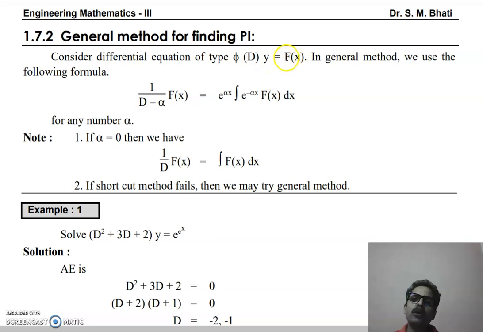But when the shortcut method fails, then we must try the general method, and in this method we have to make use of this formula. See what the requirement is here? We need an operator of the type 1 by D minus alpha. Let's see an example.